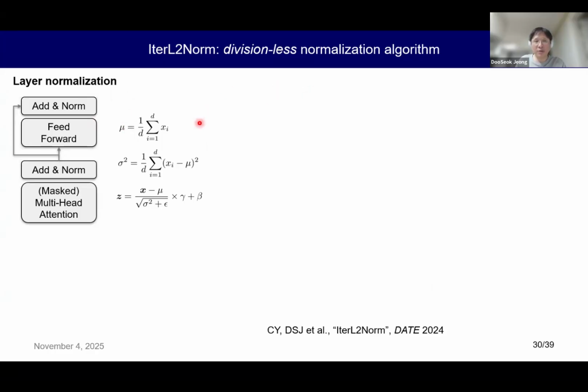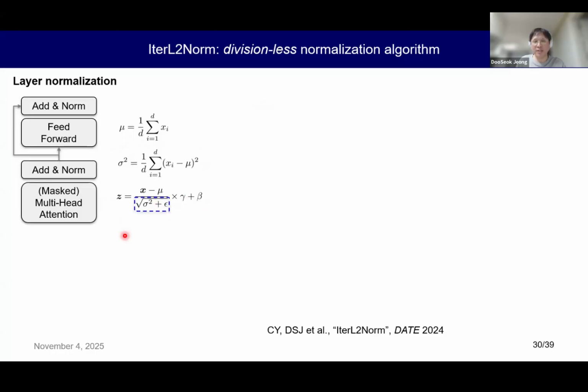What you have to do is first calculate the mean, shift the vector by the mean, calculate the variance, and finally get the normalized output, and you have to address the scaling and shift value as well.